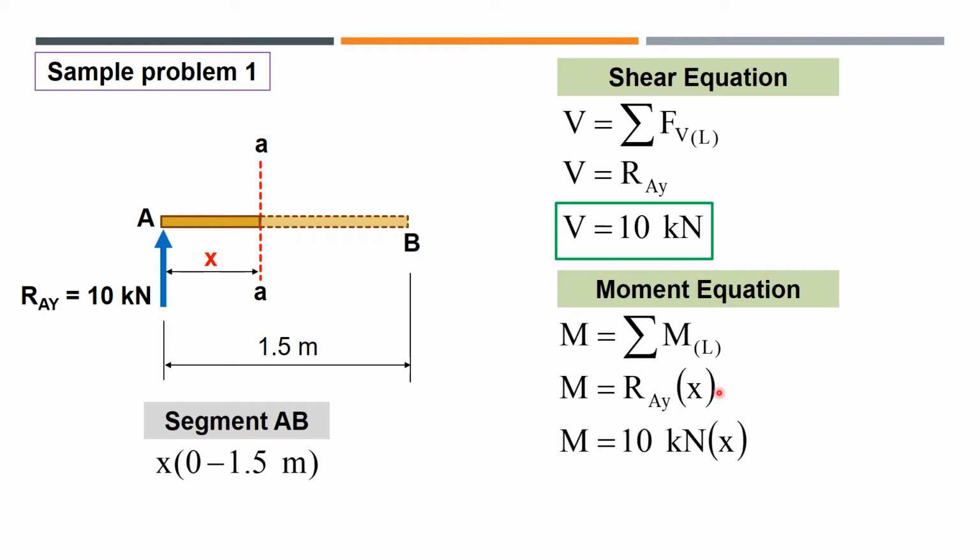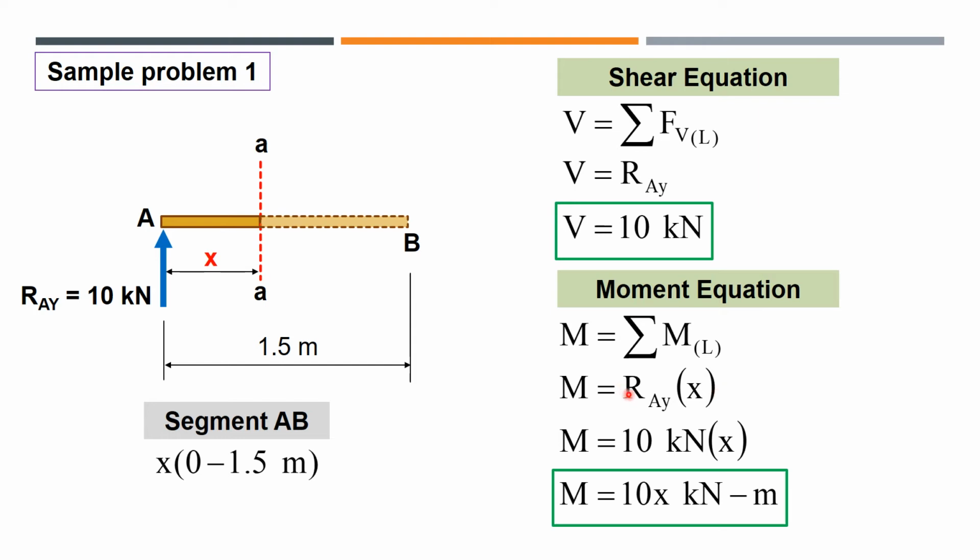So to simplify, your moment equation for AB is 10 multiplied by x. So we will remember these two equations because later on, we will use them in constructing the shear and moment diagrams.